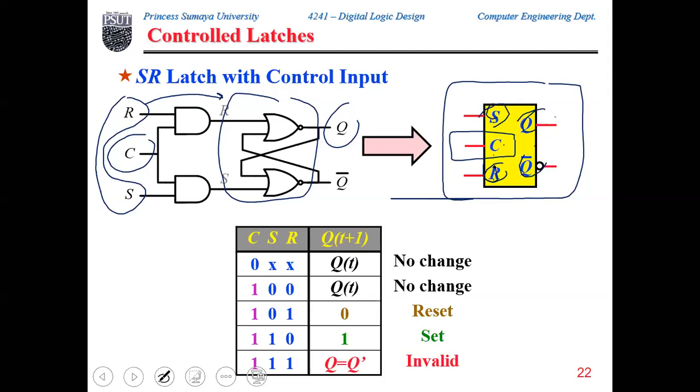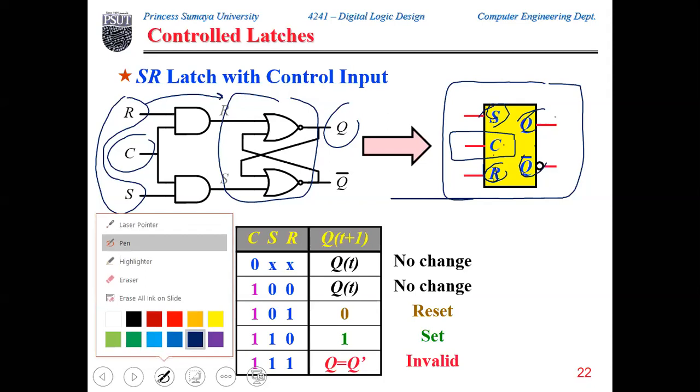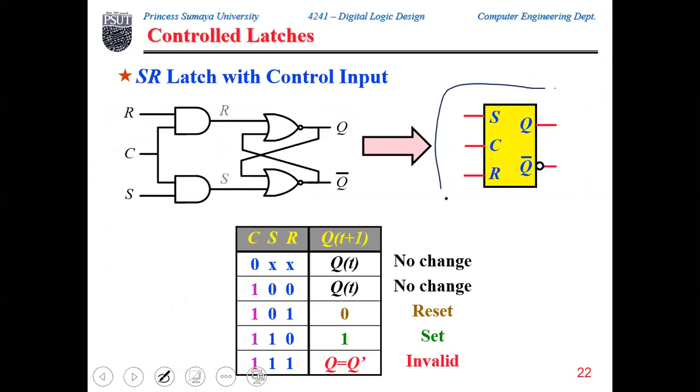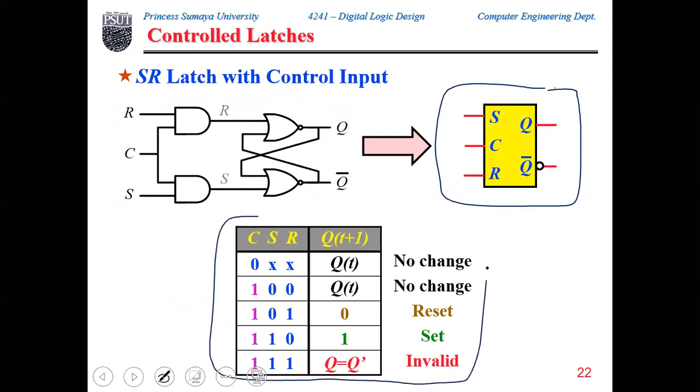If you remember, we added the enable, and whenever the enable was deactivated, the output of the decoder was not affected by any change in the input. Okay, so you need to be familiar with the block diagram of the clocked SR latch and this table, and the basic simple understanding of this table.